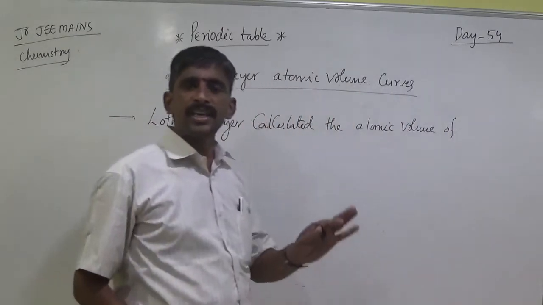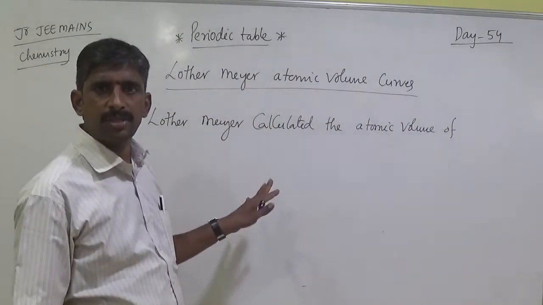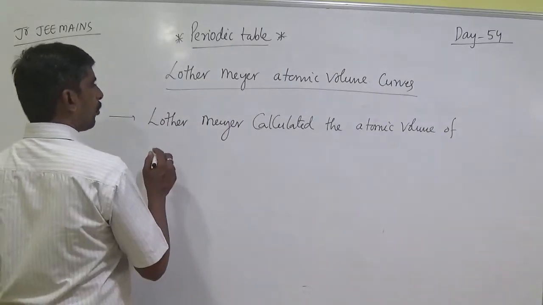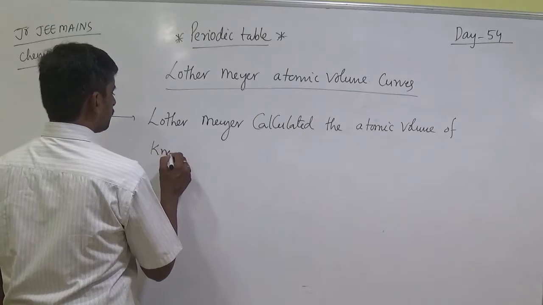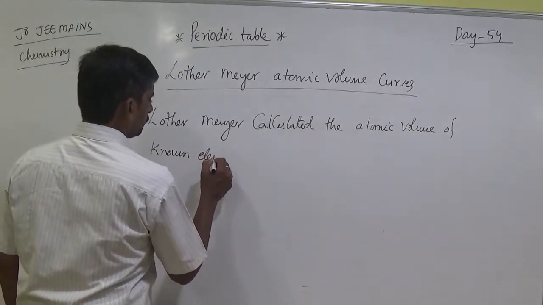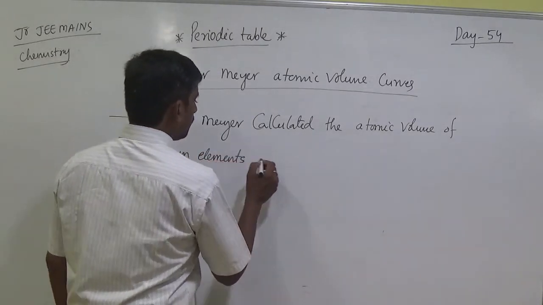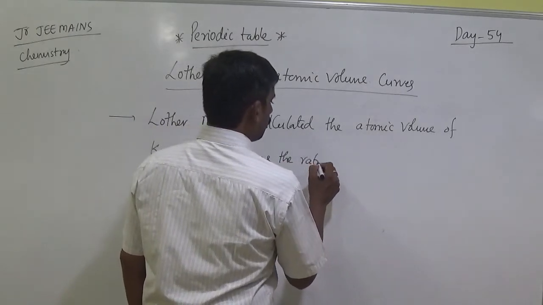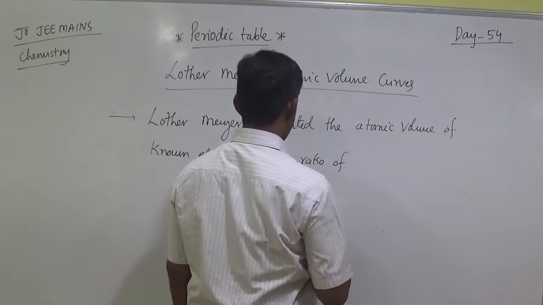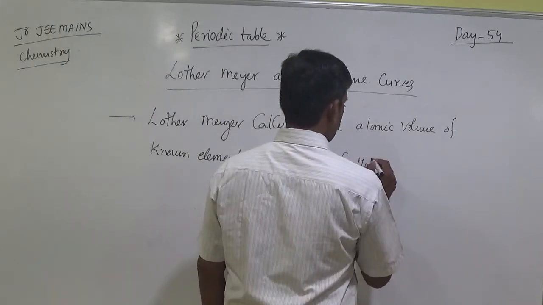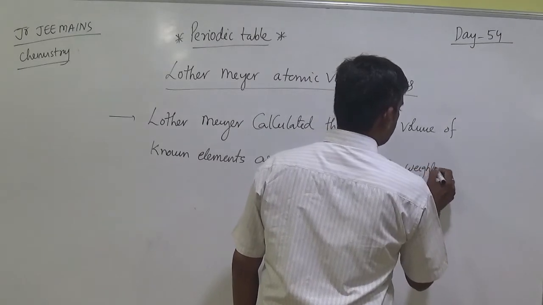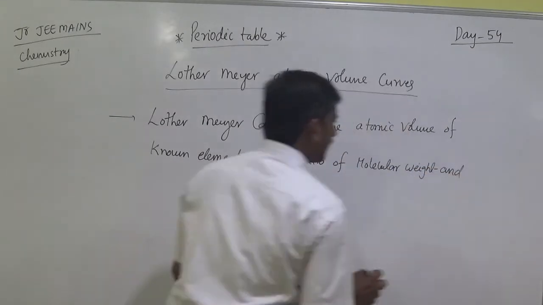My dear students, this is only the introduction. Write down: Lothar Meyer calculated the atomic volume of known elements as the ratio of molecular weight and density.